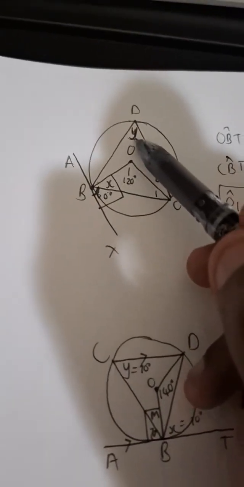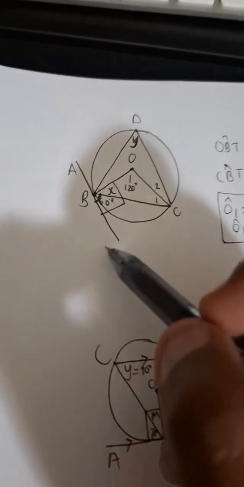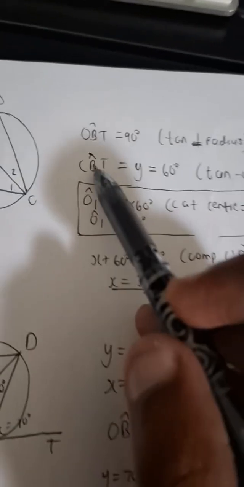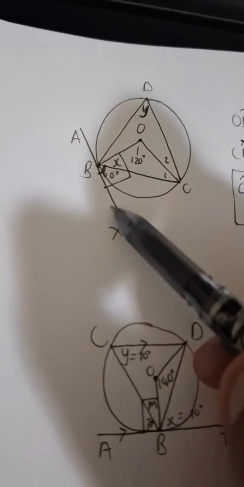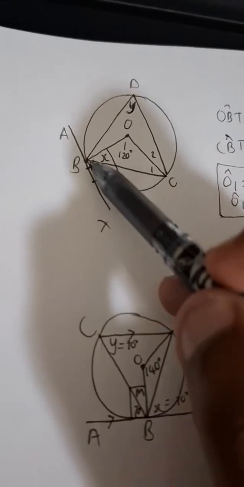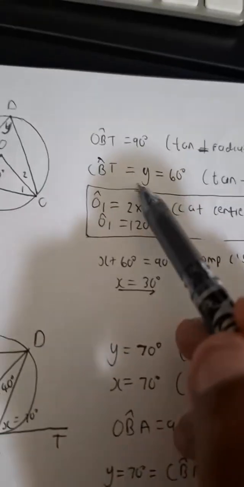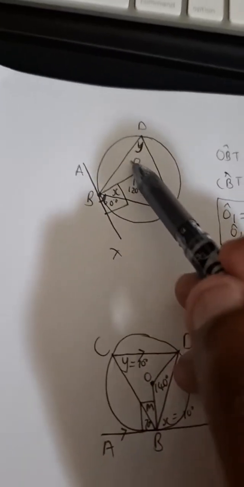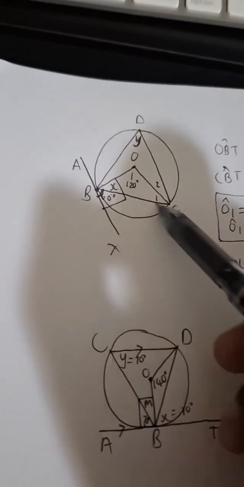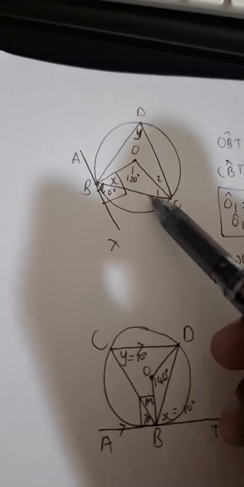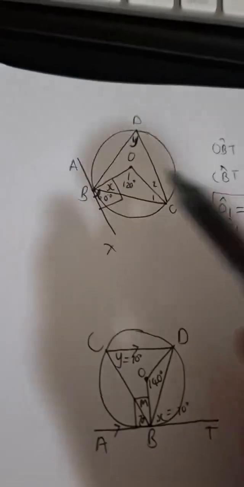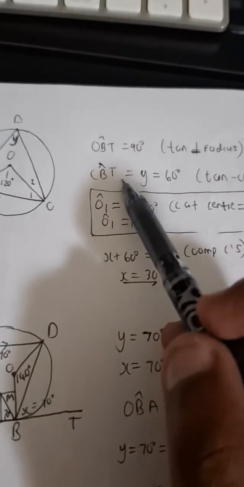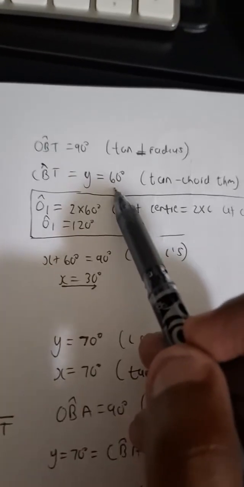It is angle Y at the circumference. So that's why this young man said angle CBT, the angle formed by the tangent and the chord, is equal to Y, because Y is the angle subtended by the very chord that forms the angle with the tangent. So he was able to say angle CBT is equal to Y is equal to 60 degrees.